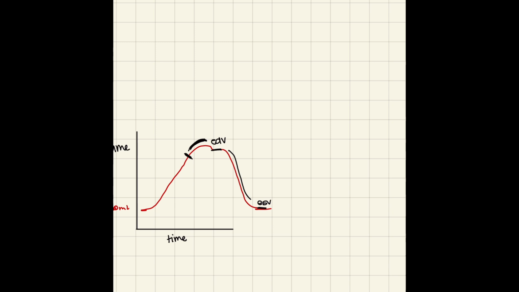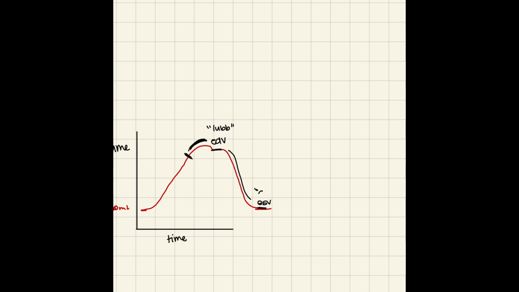At the end diastolic volume, that's when you're going to hear the lub sound, because your mitral valve is going to close.